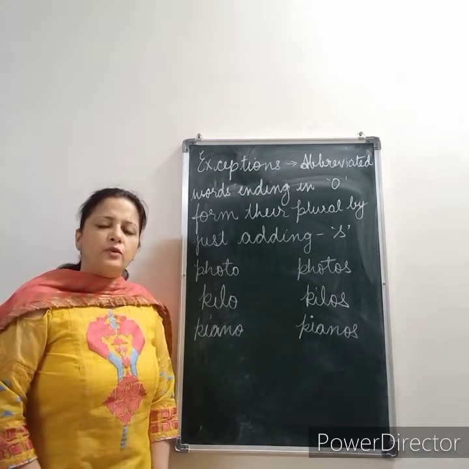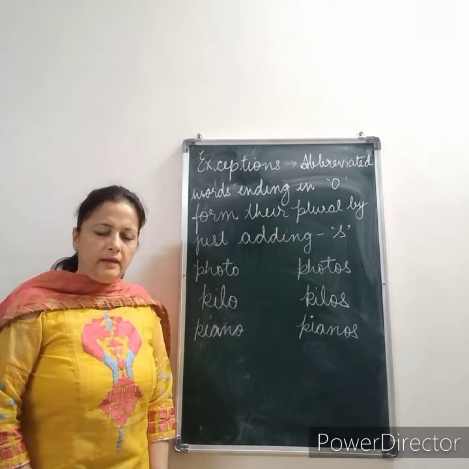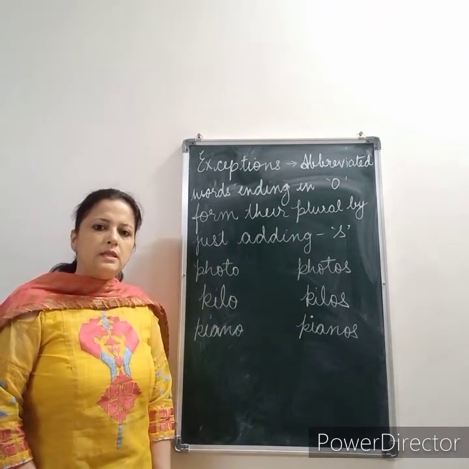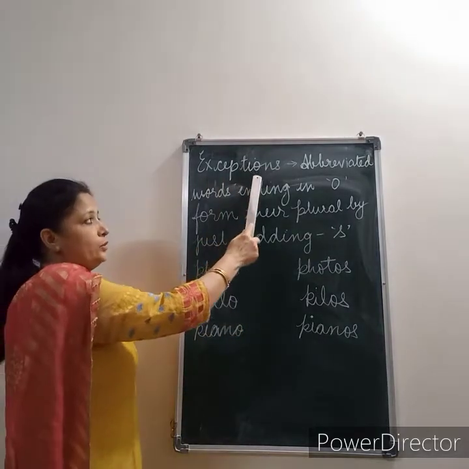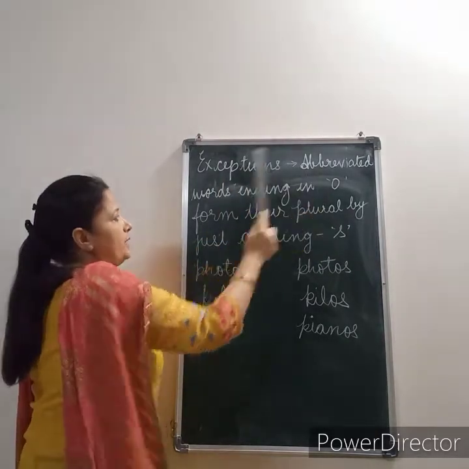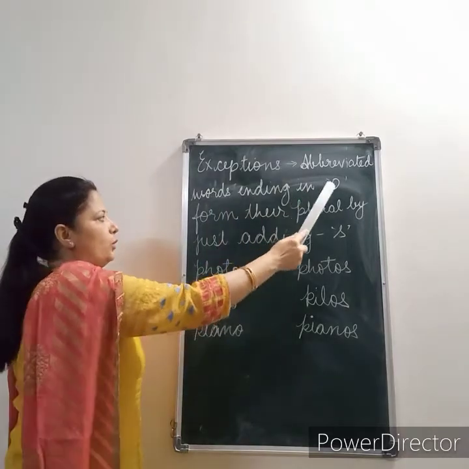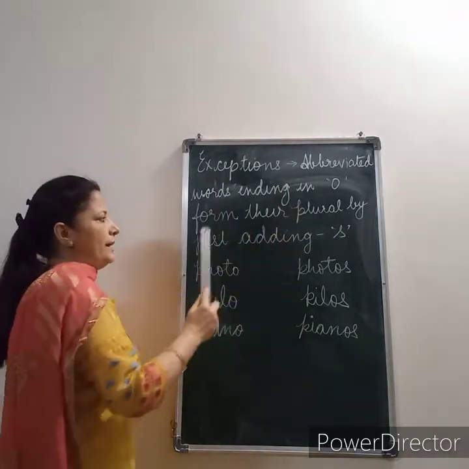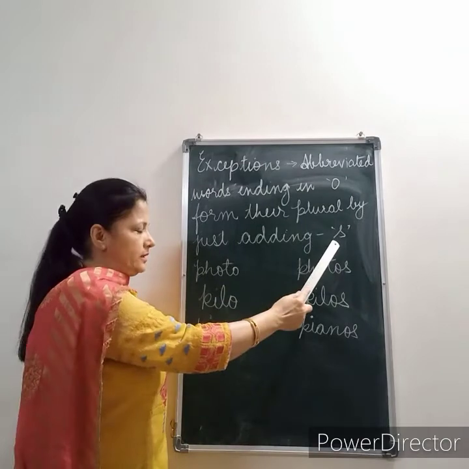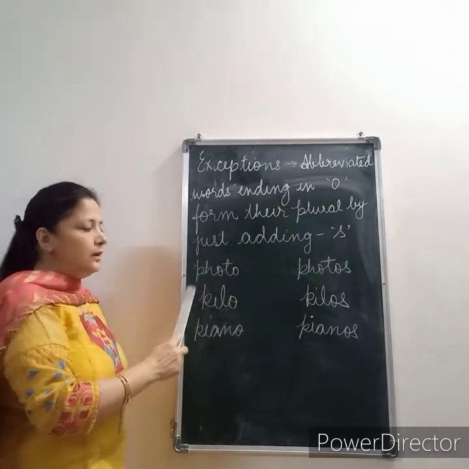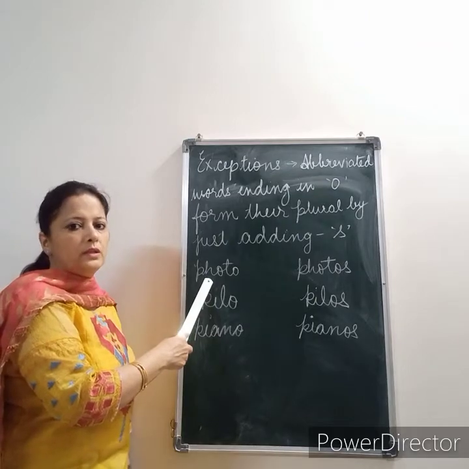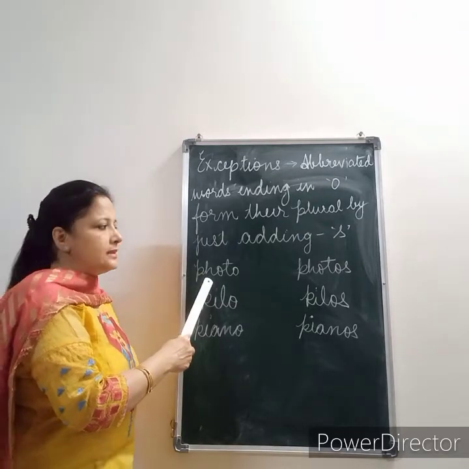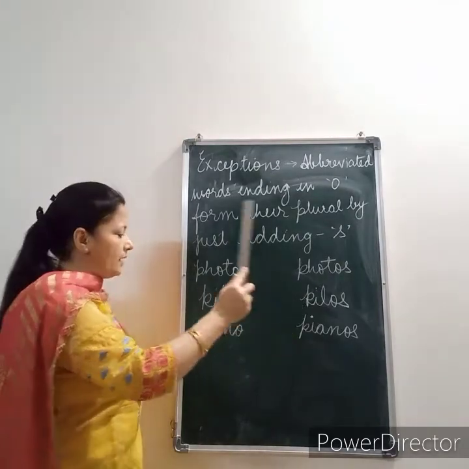Students, but we have to keep a few things in mind while changing the o words into their plural form. There are a few exceptions. The abbreviated words which end with o form their plural by just adding s to it. For example, photo. Photo is the short form of the word photograph, so we write it as photos.